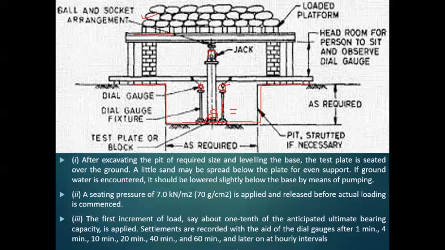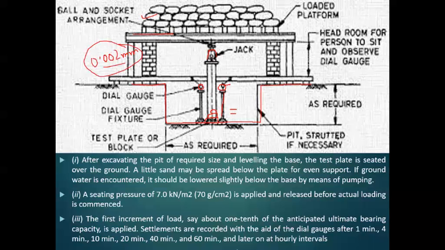Normally, dial gauges of least count 0.002 mm are used here. That means the dial gauges fixed here, 2 or 3 in number, can measure a least settlement of magnitude 0.002 mm.